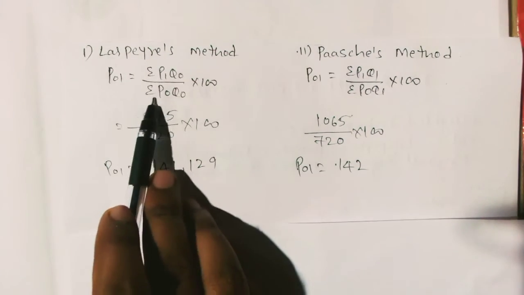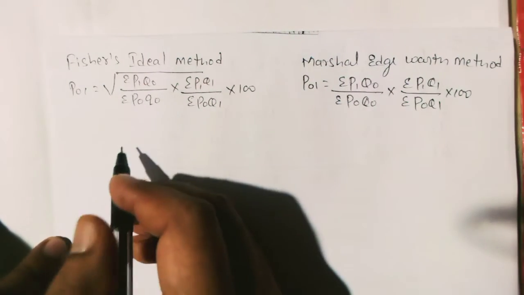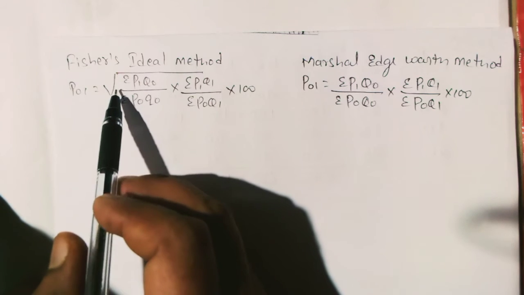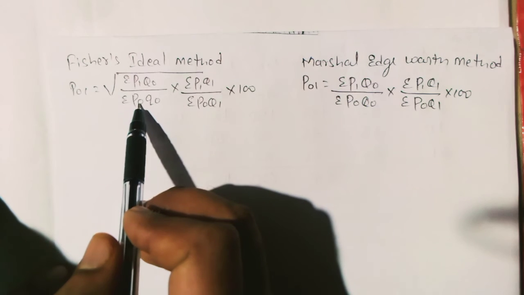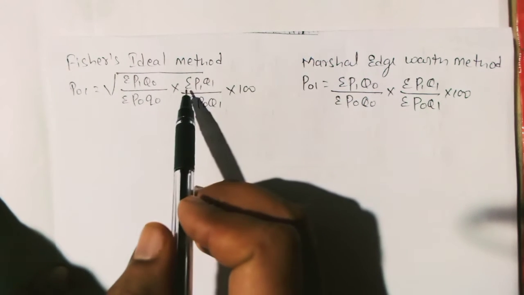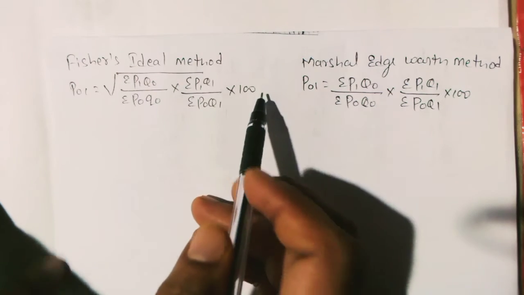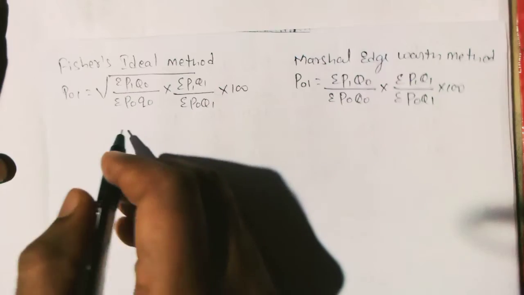We did the Laspeyres and the Paasche. Next we will go for the Fisher's. This is the Fisher's ideal index number method: square root of summation of P1 Q0 divided by summation of P0 Q0 into summation of P1 Q1 divided by summation of P0 Q1, into 100. We need to substitute the values.